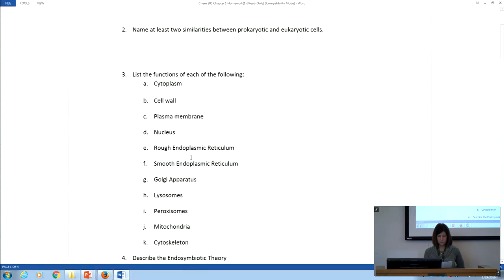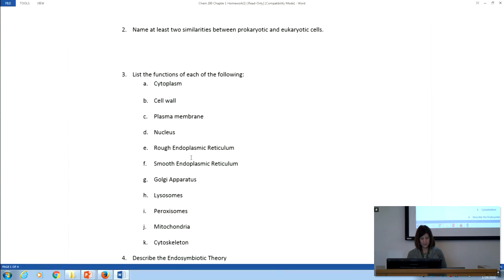Cytoplasm is goo. It contains proteins. In prokaryotes, proteins, DNA, RNA, ions, small molecules, and it's just stuff in between the organelles in eukaryotes. The cell wall separates the guts from the environment, and beneath the cell wall, you have the plasma membrane that can have receptors.